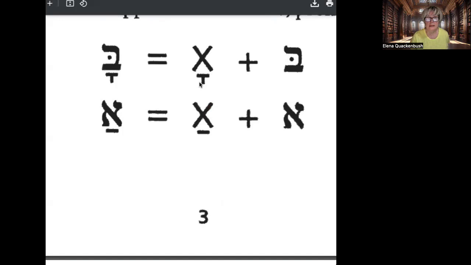Vowel signs are written under the letter. So if we want to read this, it will be bet, ba. And if we want to read this one, Aleph, no sound, ah. So, ba, ah.